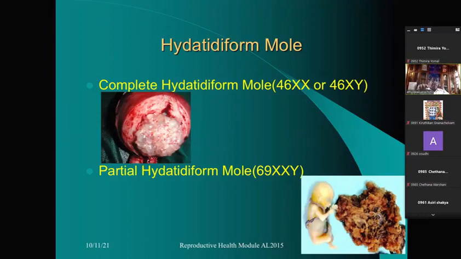But these two conditions, we call a partial hydatidiform mole, where there is extensively proliferated placental tissue with a fetus, and a complete hydatidiform mole, where there is exaggeratedly proliferated placental tissue, but no fetal parts identified. But originally, they started with fertilization of an egg and sperm.